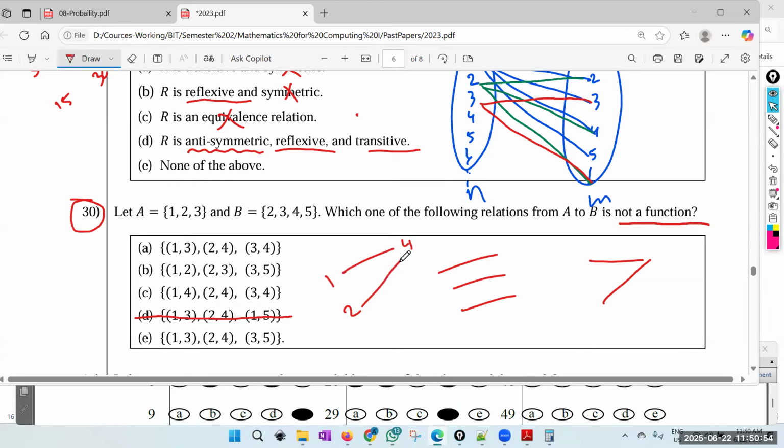But that is fine. And 3 is also mapped to 4. That is fine. And you can have orphan values on the range side. A function can have orphan values on the range side. But you can't have orphan values on the domain side. And none of these are one-to-many. So therefore, I'll go for D as not a function.